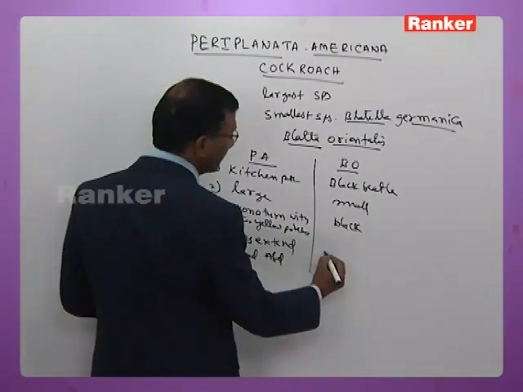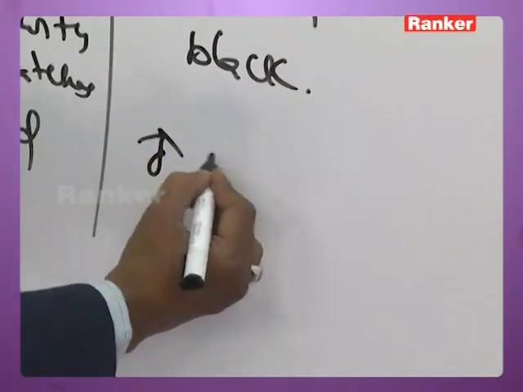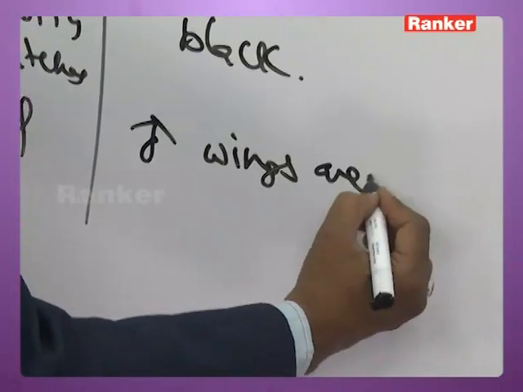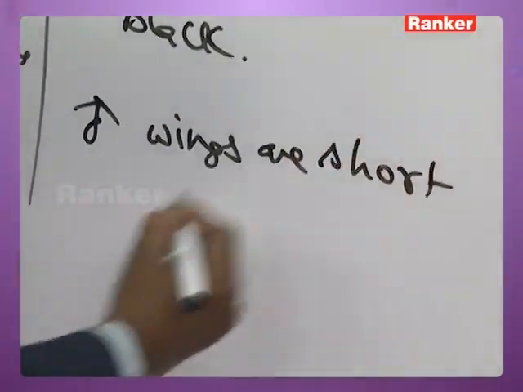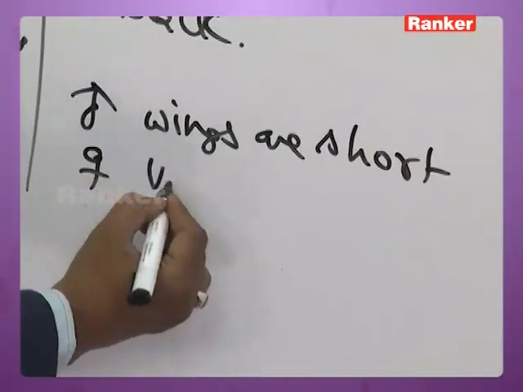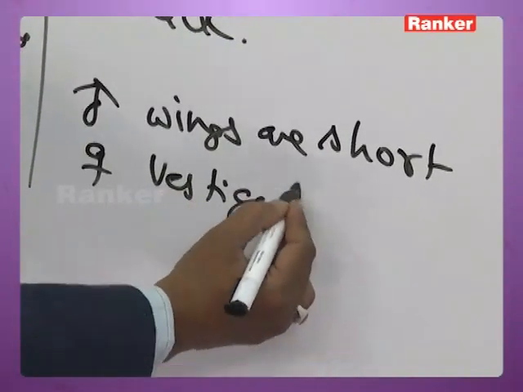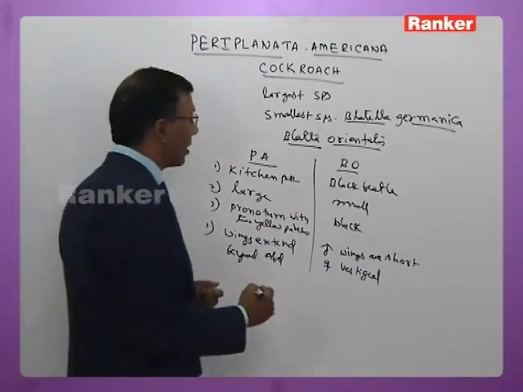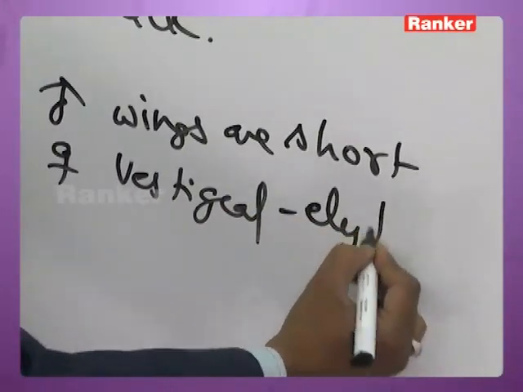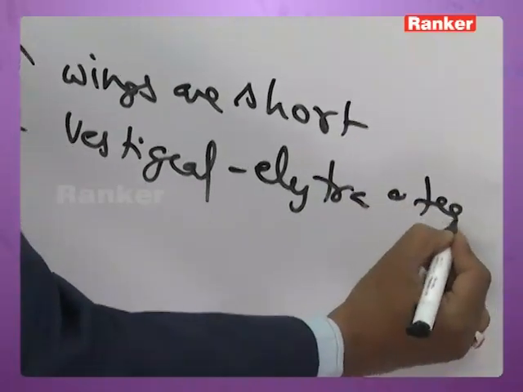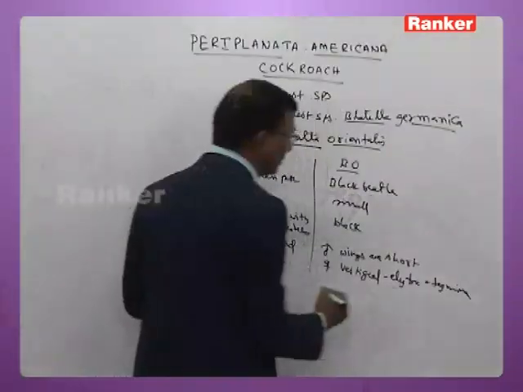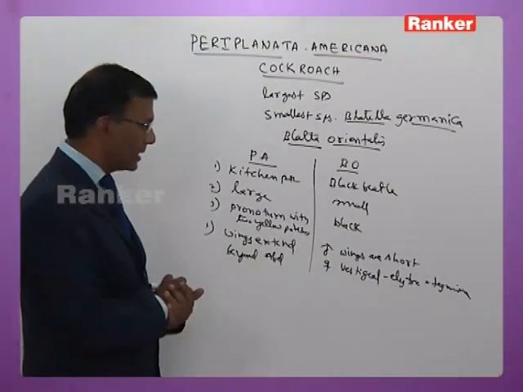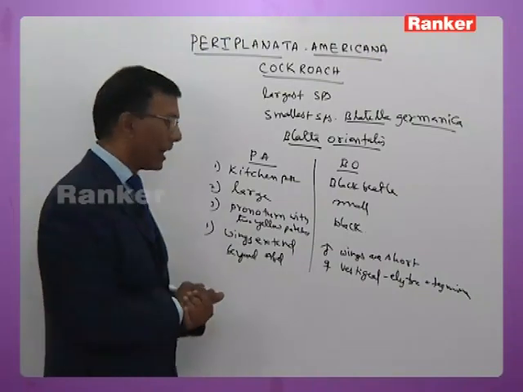Here, in males, wings are shorter than the abdomen, and in females they are vestigial. Those vestigial wings are called elytra or tegmina.